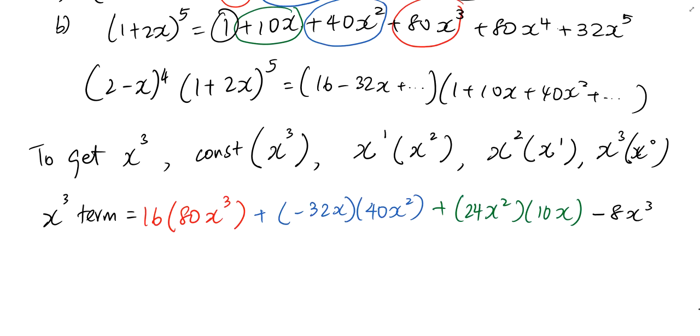Well, you could write down over here coefficient of x cubed, then remove all the x stuff, but I just want to show you that from here I will be able to check my work. Over here, this is going to give me 16 times 80, 1280x cubed, right?